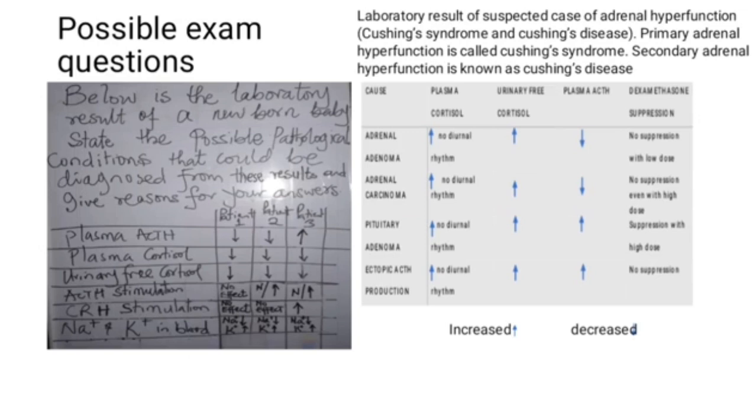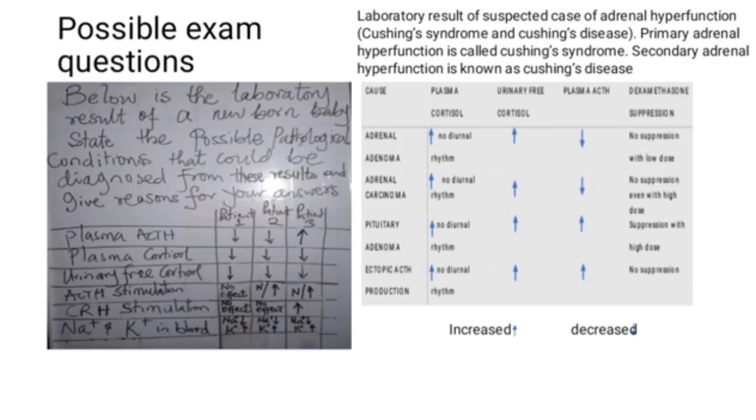There is pituitary insufficiency. This is where the pituitary function is affected. If you now do CRH stimulation, which is actually supposed to be a test of the hypothalamus, and the CRH stimulation has no effect, then it means that the problem is actually the pituitary.